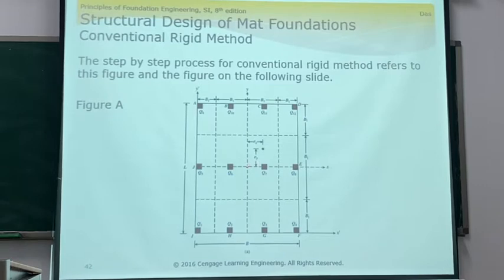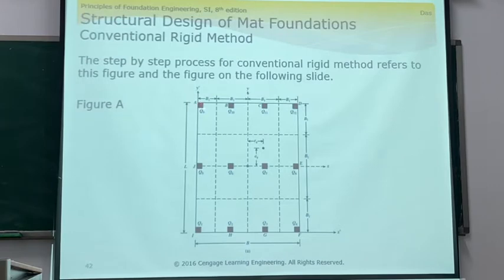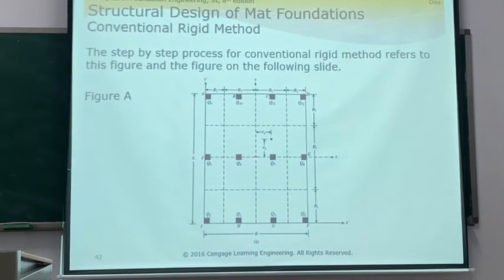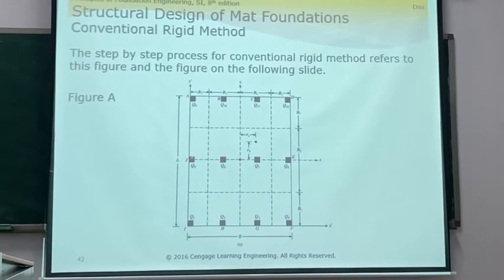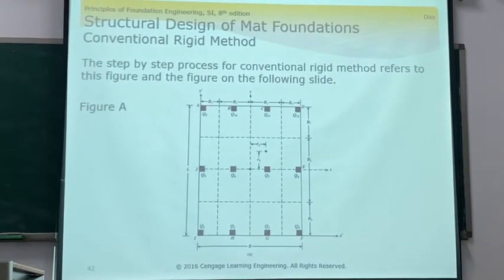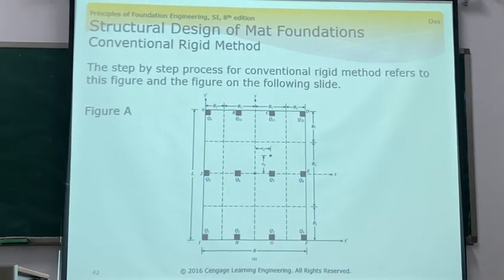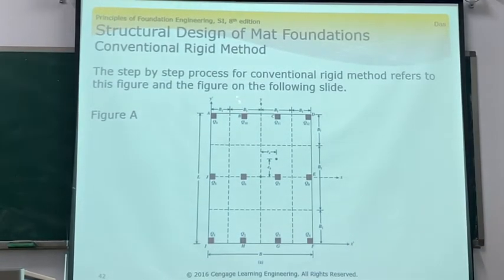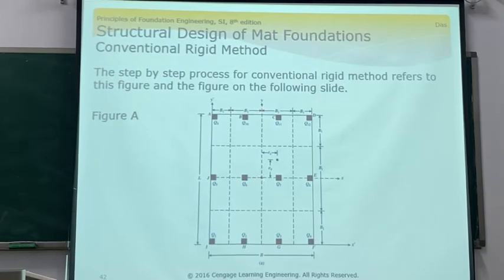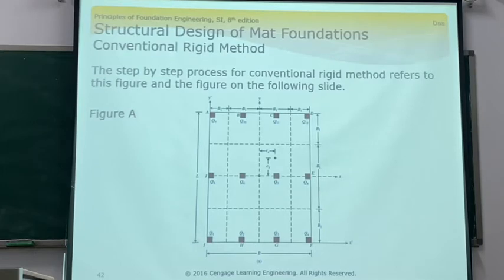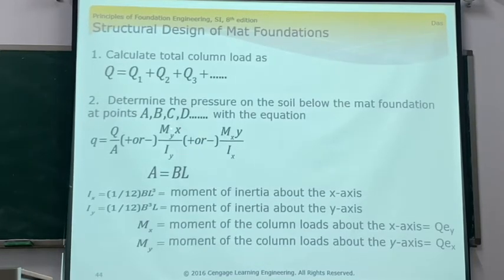This is the X for point A. You can see this X is from this point to this point, so it's B1 and B. This is B. The distance from this point to this point is X.